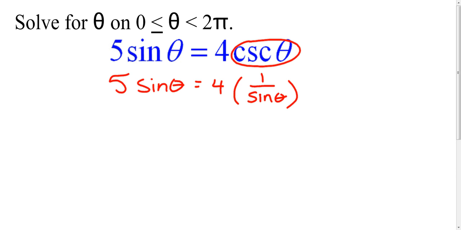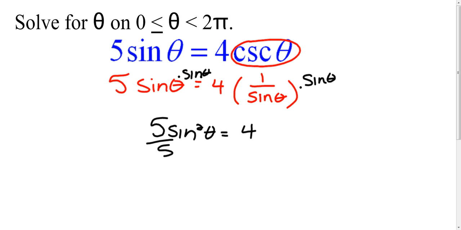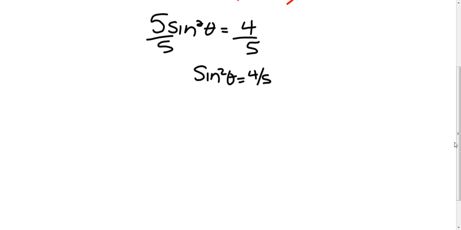So, to get rid of that fraction, I'm going to multiply both sides by sine. And I'll have 5 sine squared equals 4, and then divide by 5, and I will get sine squared equals 4/5. Okay, this is not on your unit circle, so this is kind of a problem.